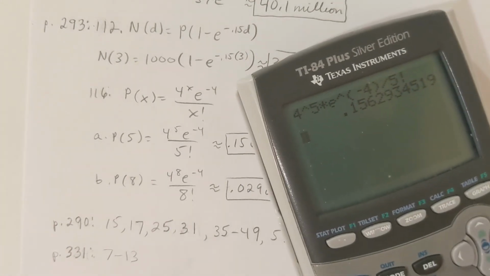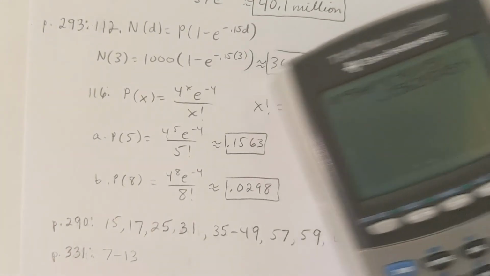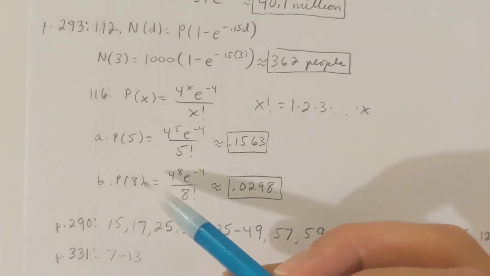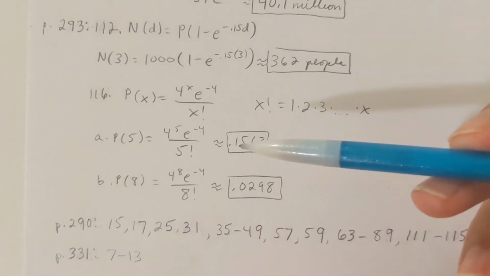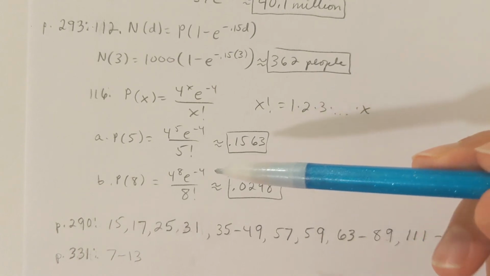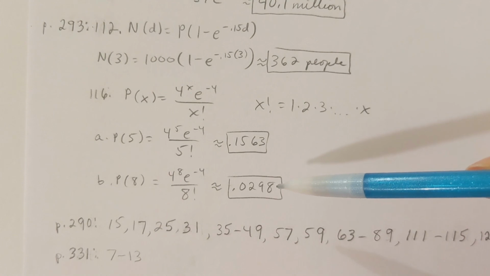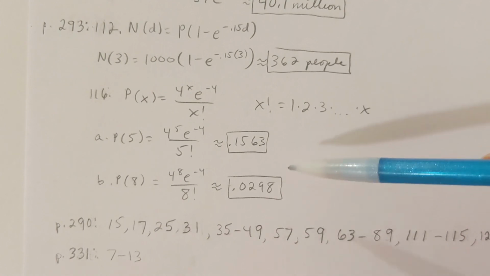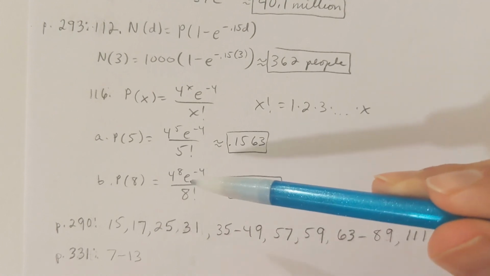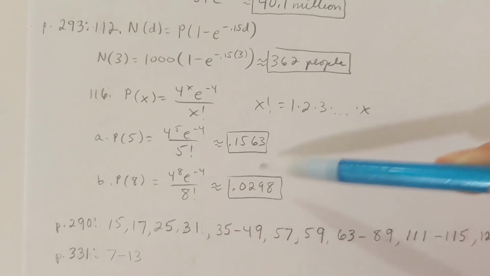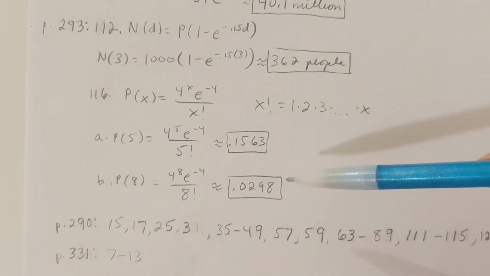So P of 8, I do the same thing, but I let x be 8. 4 to the 8th times e to the negative 4th divided by 8 factorial gives me 0.0298 approximately. And of course as the number increases, the probability is going to go down.